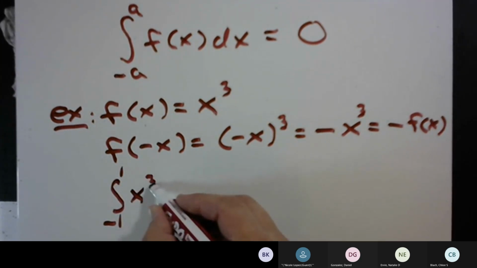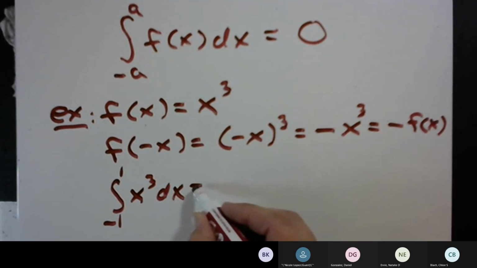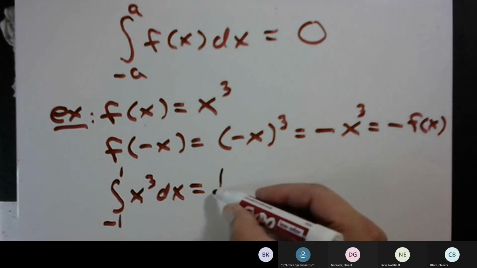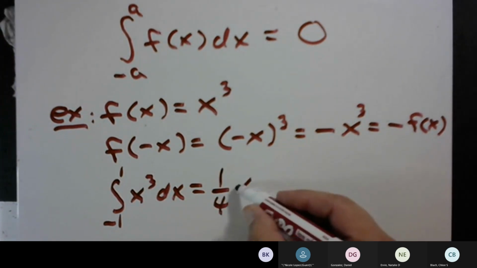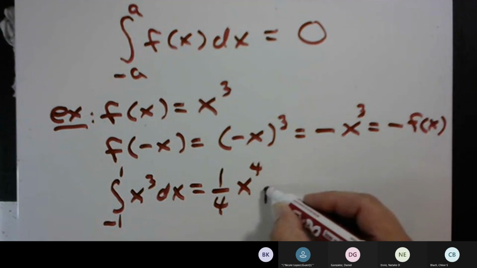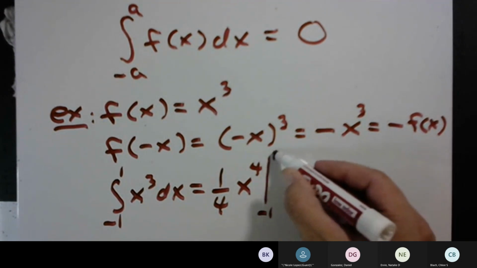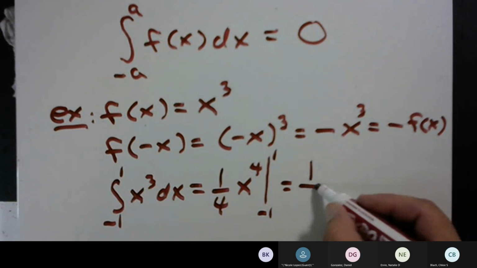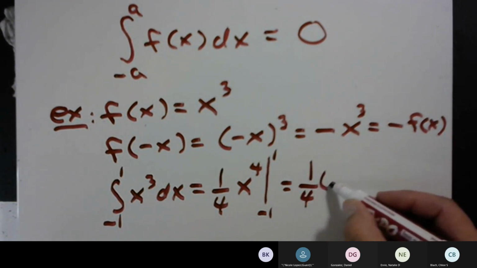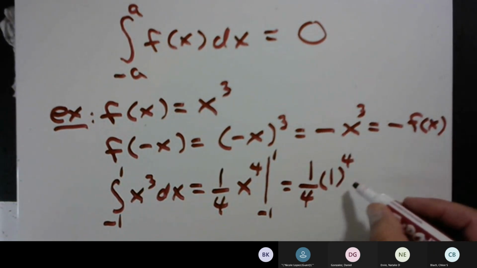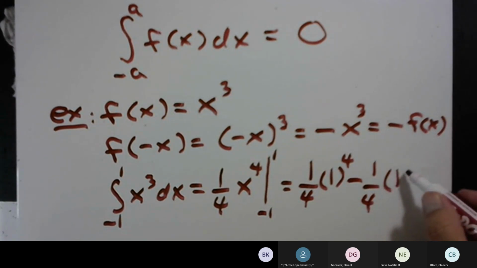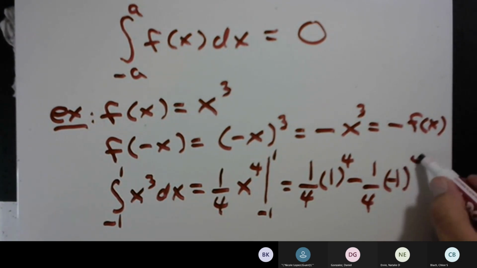And just to show what happens, if we actually go through with the integration, this is just going to equal 0, according to what we've seen. But let's say we're not completely convinced. Let's just double check. Well, this will be 1/4 times 1 to the 4th, minus 1/4 times negative 1 to the 4th.